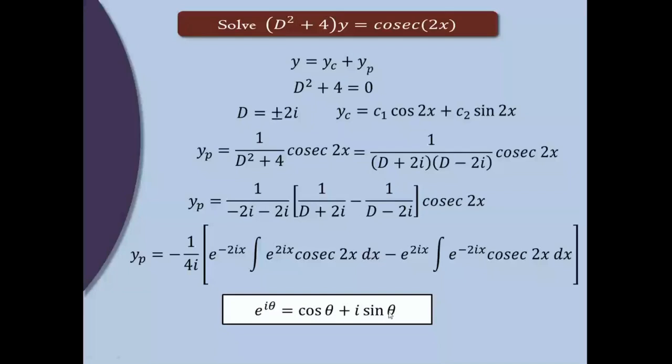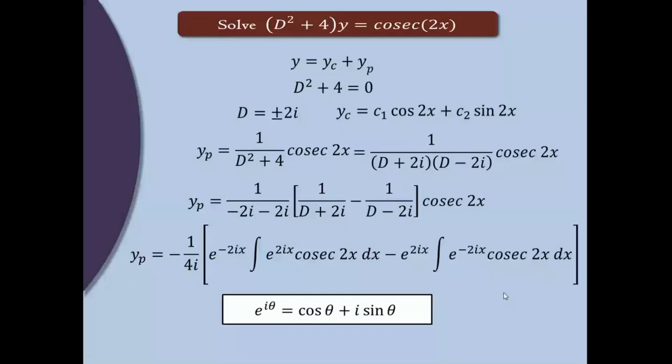So e raised to 2ix you can convert into sine and cos. Same thing over here, cosec is nothing but 1 by sine. So this full integration we can convert into trigonometry. And this simplification we are doing for the integration only, so the outside term we can keep as it is.